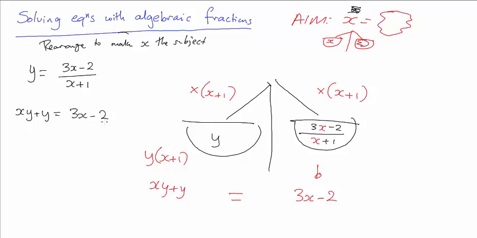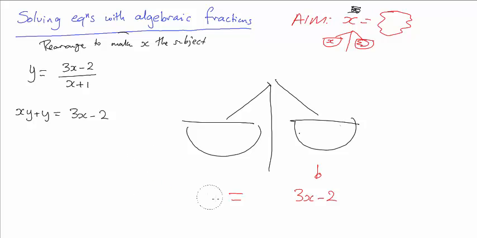Now hopefully this is somewhat straightforward. Remember that thing: move everything which has the x onto one side and everything that doesn't onto the other side. Because we're trying to get x on one side, any term that doesn't contain x, you might as well move to the side we don't care about. And then, you'll see in a second, we factorize.